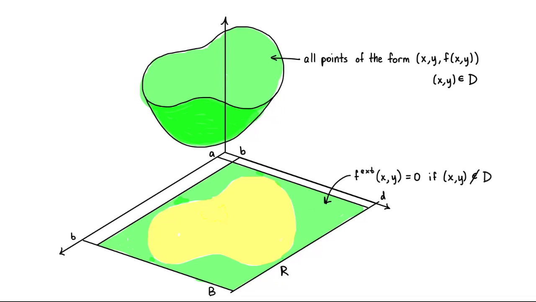Now it makes sense to compute the volume enclosed between the graph of this function and this rectangular domain. We won't pick up any positive or negative volume outside of the original domain. And then whatever the volume we pick up over the original domain comes out to be, that's what we would say is the double integral of this function over the domain D that we started with.